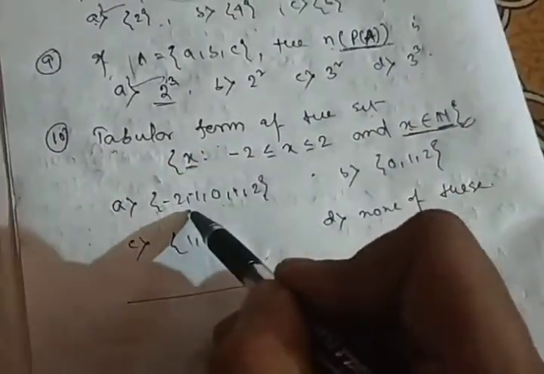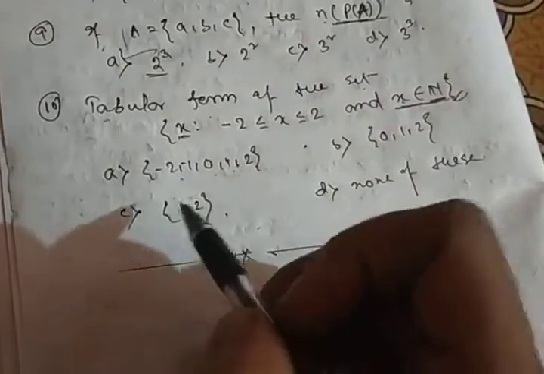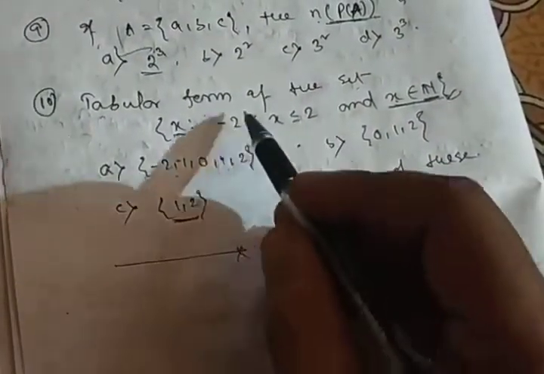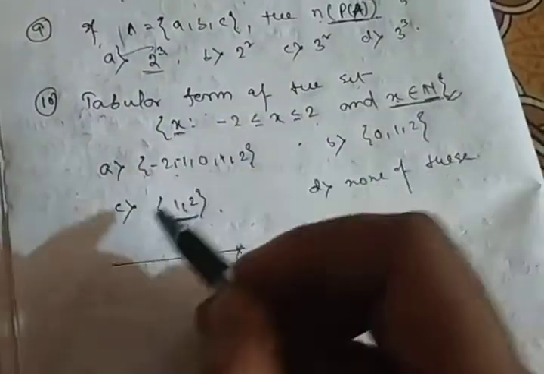Now -2, -1, 0 are not natural numbers. Okay, natural numbers start from 1, 2, 3, 4. So the correct option will be 1 and 2, the natural numbers which lie between -2 and 2.